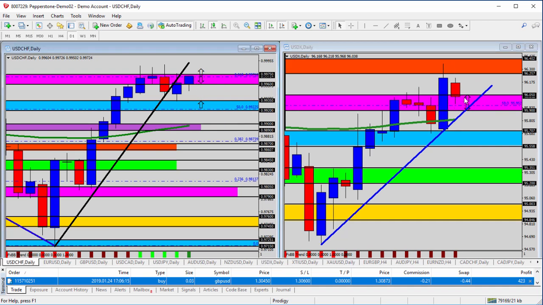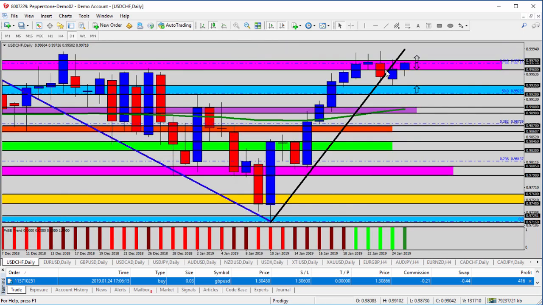So it's an interesting dynamic, keeping an eye on what's happening on the dollar index and how that implies some direction for the USDCHF. A continued hold above 96 could go back up, which would potentially lead the US dollar franc above the pink shaded area.